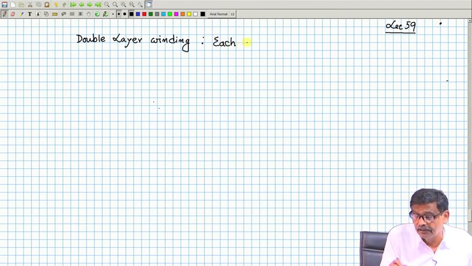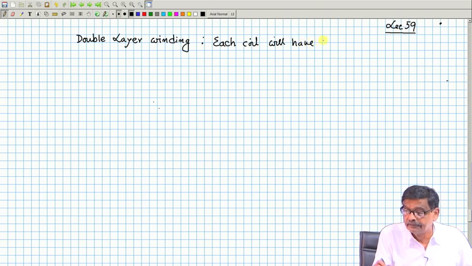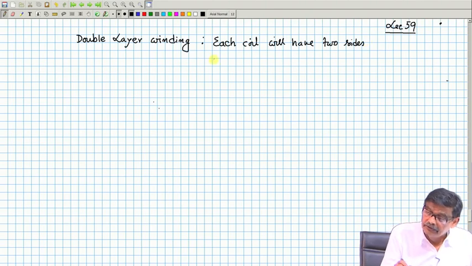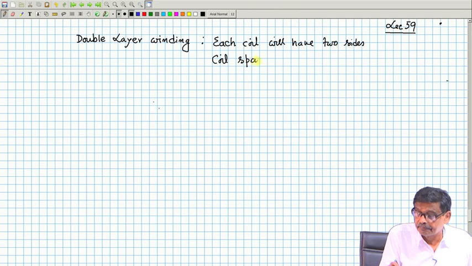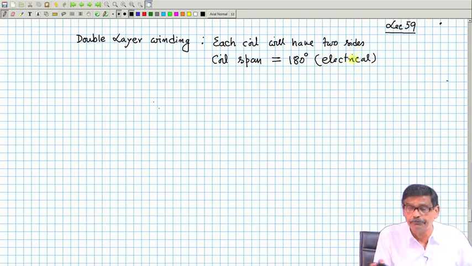Each coil will have two sides, and we will assume coil span is equal to 180 degree electrical, and this I have to do in order to maximize the voltage. That is what I explained in the last class.